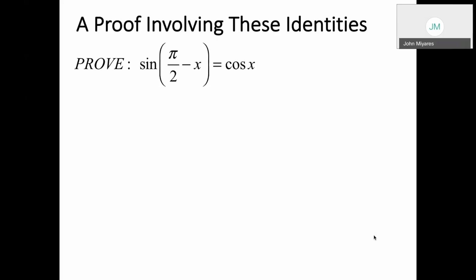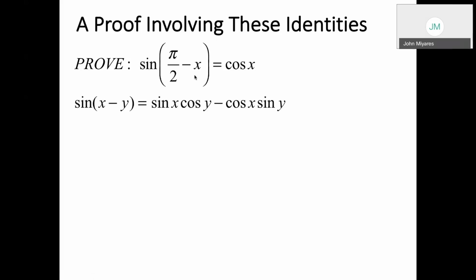But again, there is absolutely no reason why we can't be having some of these problems show up in radians. Pi over 2, remember, is the same as 90 degrees. So if you want to look at this as the sine of 90 degrees minus x and prove that equals the cosine of x, the process isn't going to be any different.